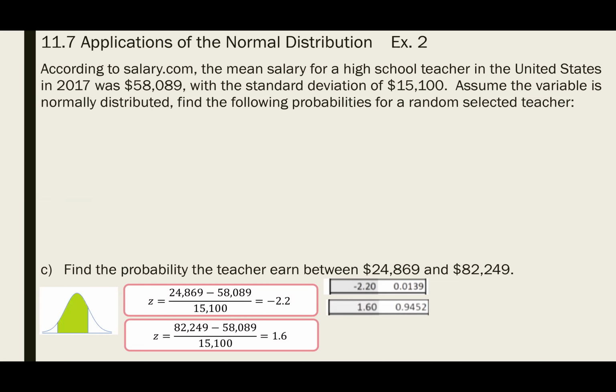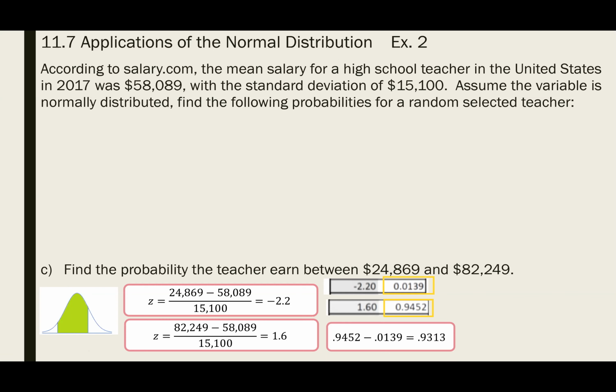What do I do with these two numbers? What do I do with these two percentages or two areas? Reminder, because we're looking for in between, we need to take the larger area minus the smaller area.